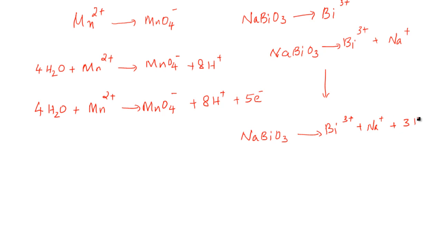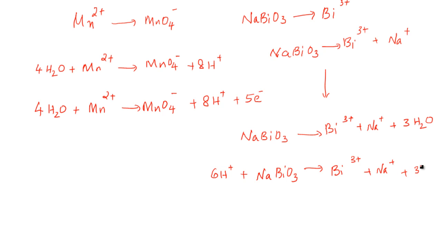To make the oxygens okay. So 3H2O means we added 6 hydrogens to the right side. So that means now we need to add 6H+ to the left side. So the left side is 6H+ plus NaBiO3 giving you Bi3+ and Na+ and 3H2O.